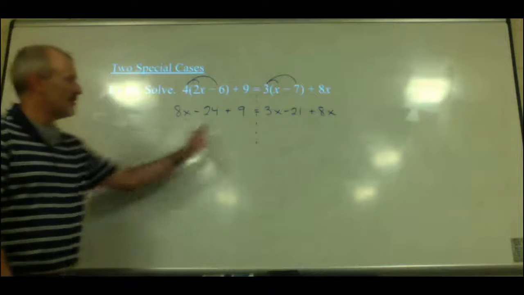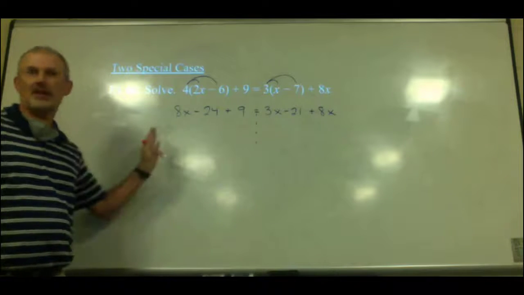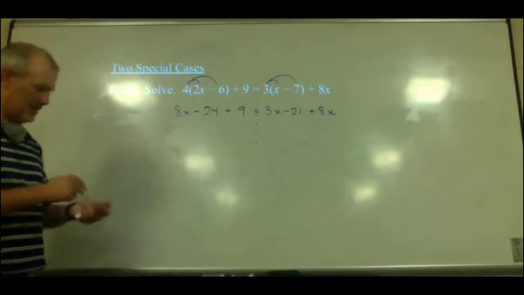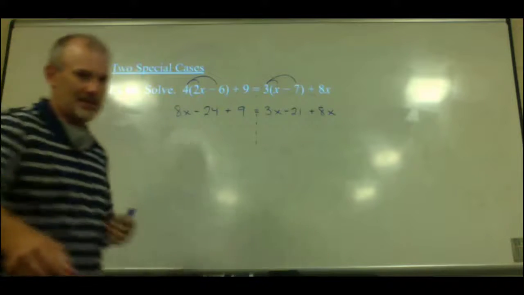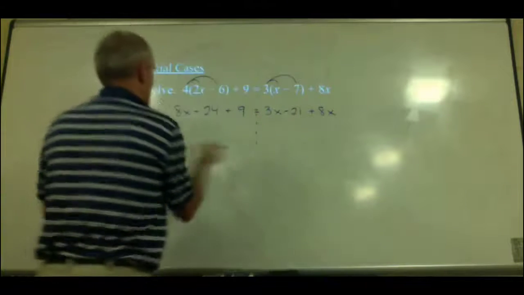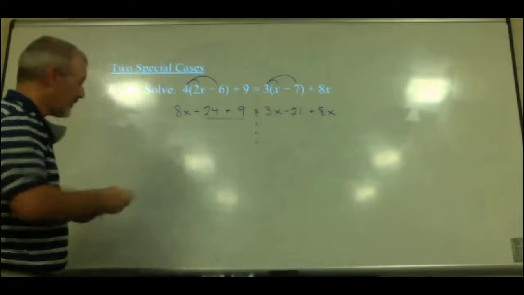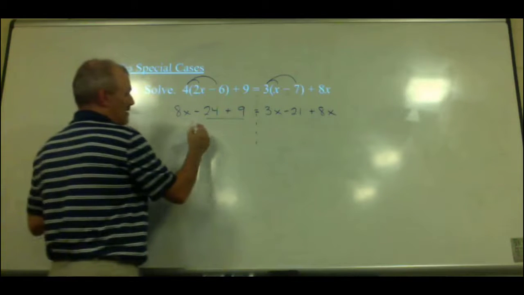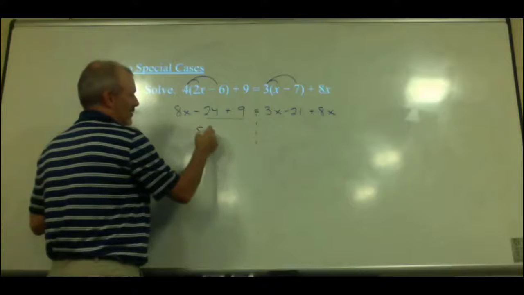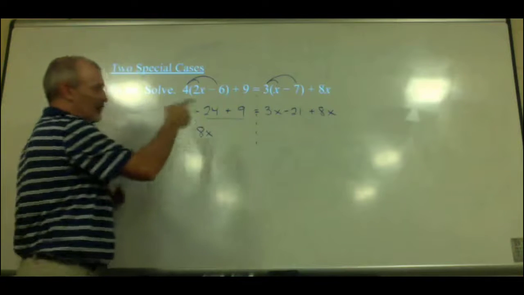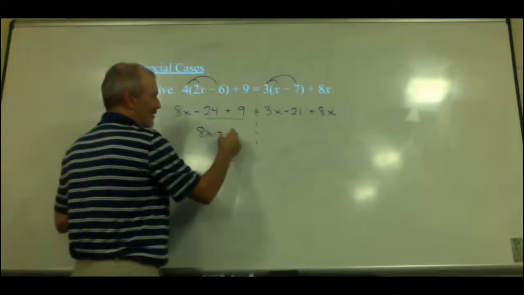Then what else can we simplify on this left-hand side? Negative 24 plus 9. Let me underline that because we're going to simplify this. So the 8x is just going to stay there, right? We're not doing anything with that. But negative 24 plus 9 is negative 15.